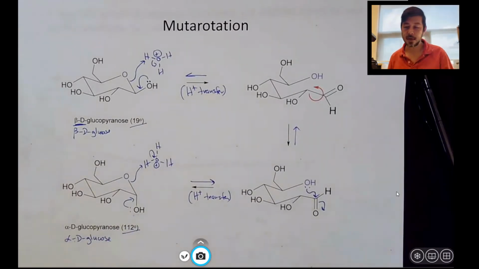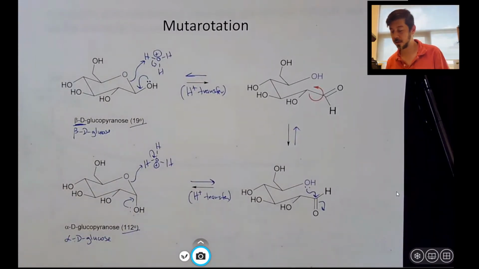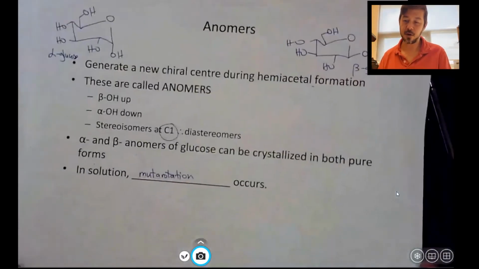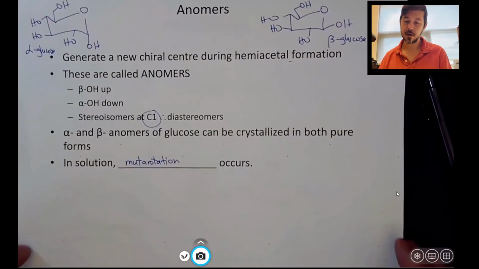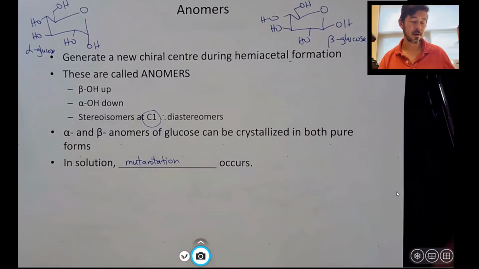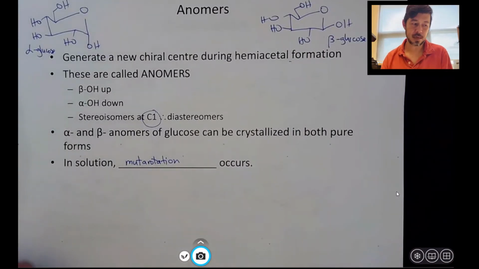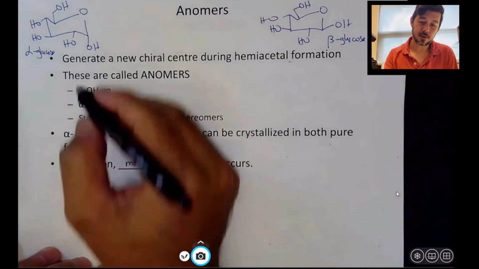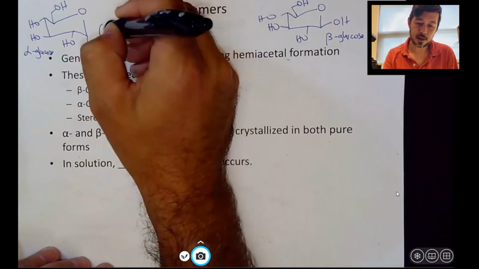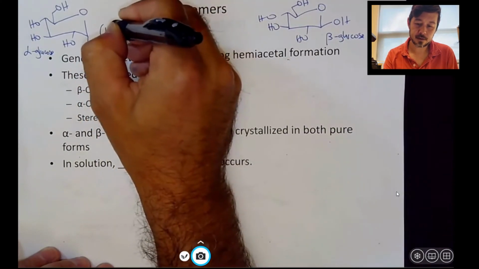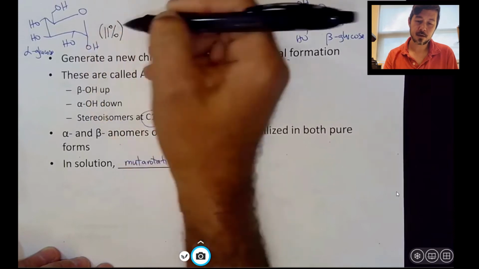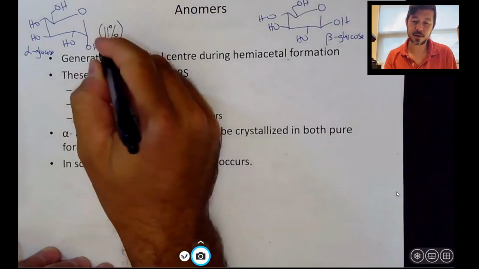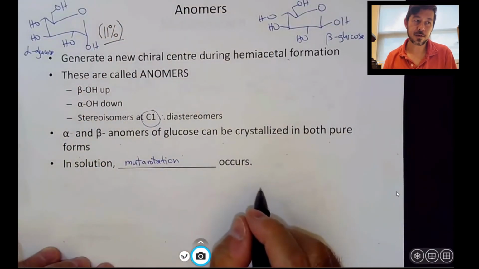Now, here's the interesting thing: if you actually use some predictive models, I'm going to slide back here and predict what the calculated percentage would be based on computation. It turns out that the alpha glucose anomer is expected to be abundant at around 11%.